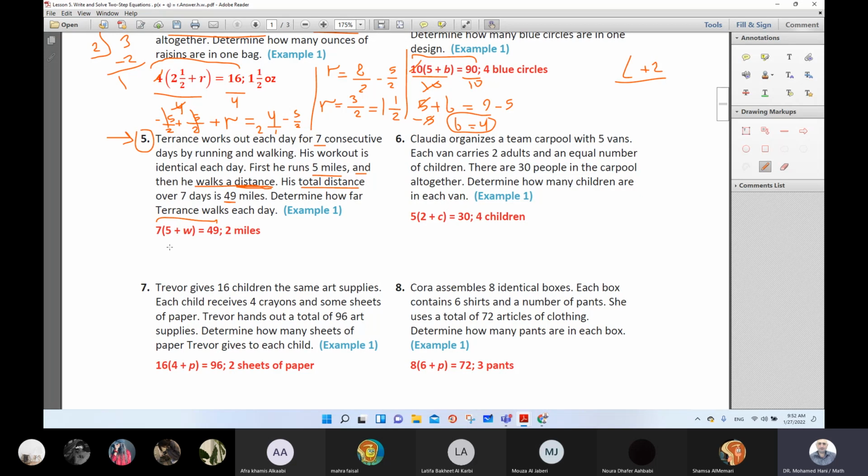To solve this equation, remove 7 from this side, so divide the two sides by 7. 7 divided by 7 will be 1, remains here 5 plus W, and in the second side, 49 divided by 7 will be 7.